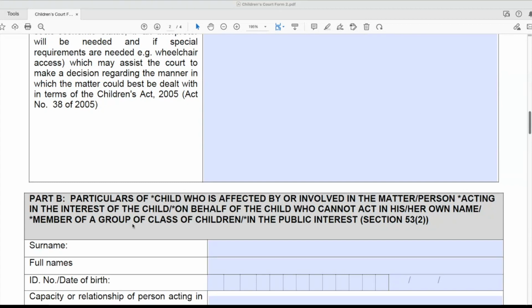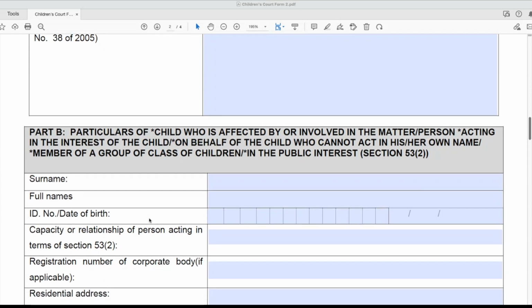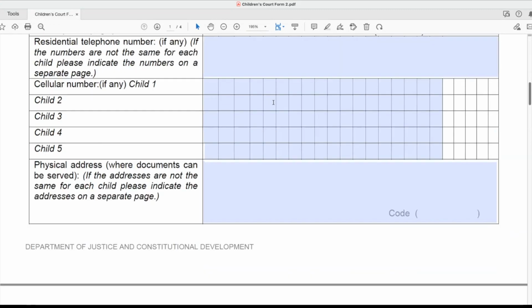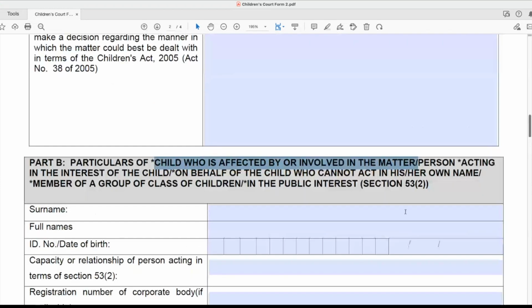Part B of this, we look at the name of the person acting on behalf of the child. So it is the particulars of the child who is affected by or involved in the matter. If the child comes to court themselves, this would basically echo the top one.